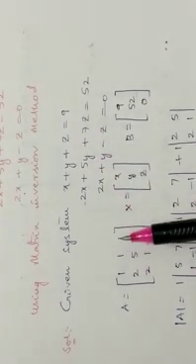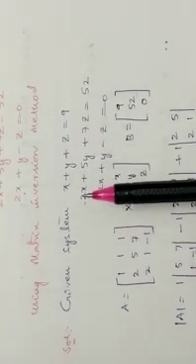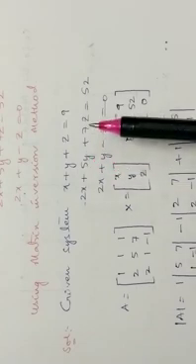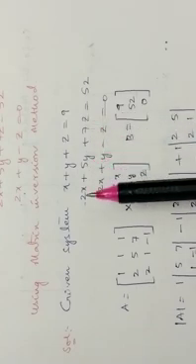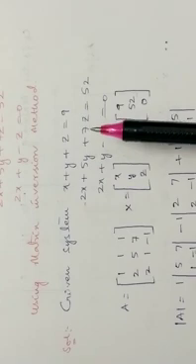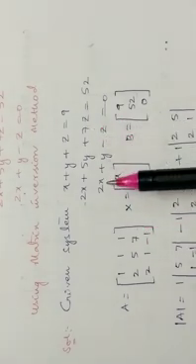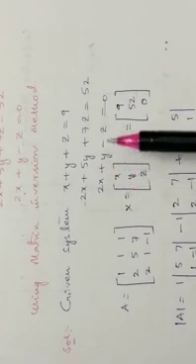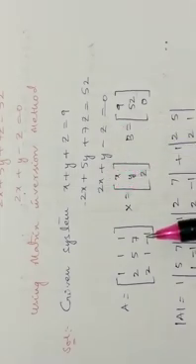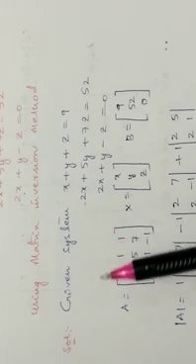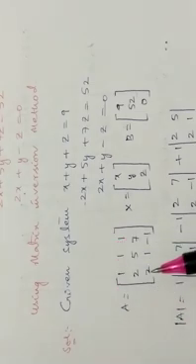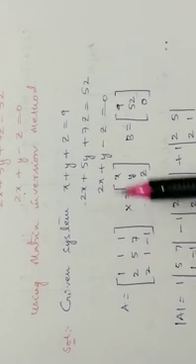So 1, 1, 1. In the second equation, coefficients of X, Y, Z are 2, 5, 7. In the third equation, they are 2, 1, minus 1. This matrix A is named as coefficient matrix because these are all coefficients of X, Y, Z.